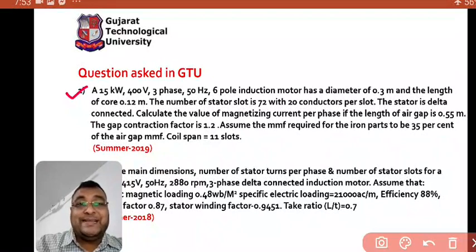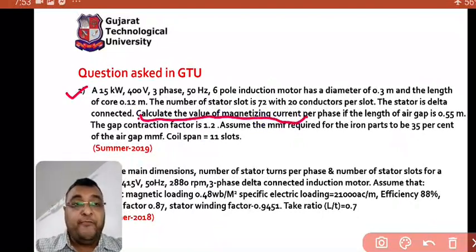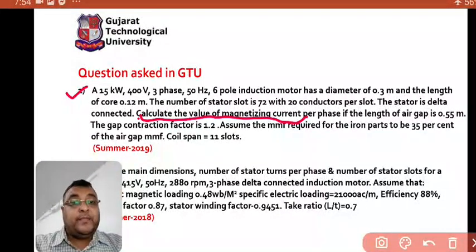The stator is delta connected. So what do we have to find? We have to find the value of magnetizing current per phase, if the length of air gap is 0.55 mm and the gap contraction factor is 1.2. Assume the mmf required for the iron parts to be 35% of the air gap mmf, and the coil span is given as 11 slots.